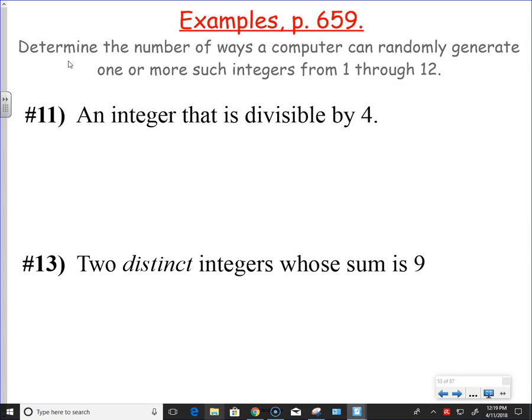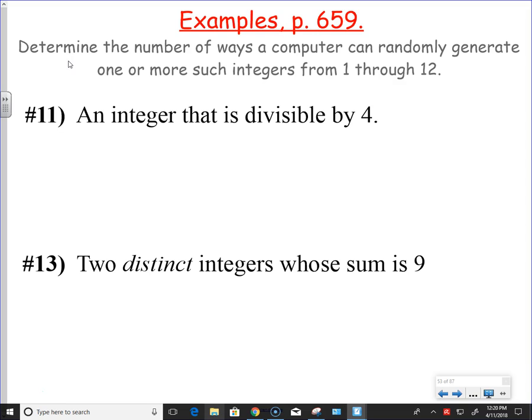We'll assume the numbers can be repeated because the computer is just spitting them out. So if it's random, it can technically throw out a 3, a 3, a 3, a 6, and 7, a 9. The numbers can be used more than once. But it's just spitting out one number, because number 11 says it's just going to pick one number.